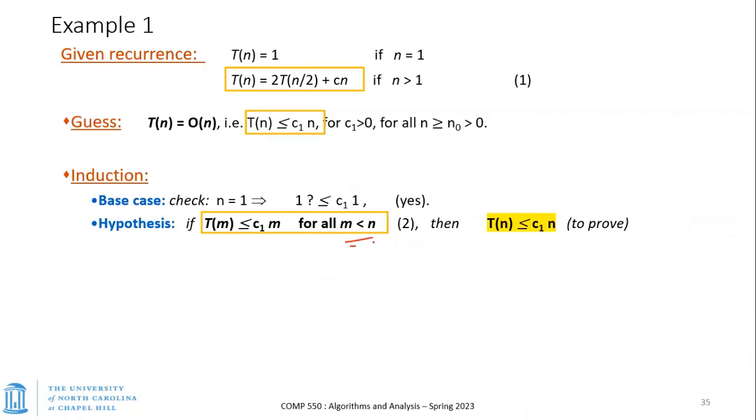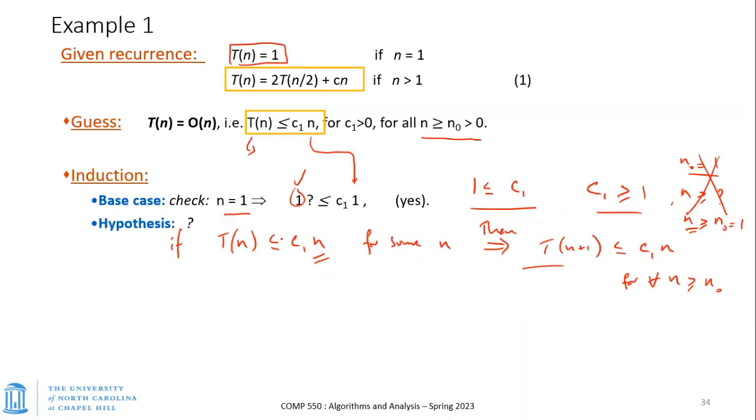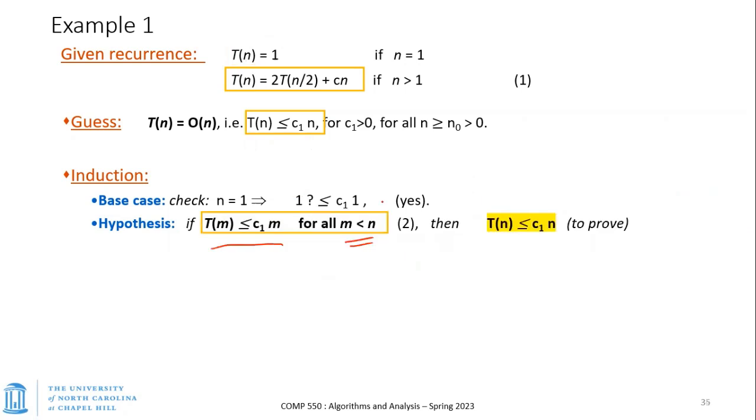I'm going to say for all m less than n, let's assume that T of m is less than or equal to C1 times m. It's pretty much what you had said, but I'm using a change of variable, assuming this is true for all values of m less than n.